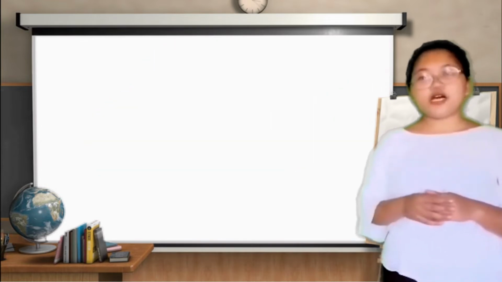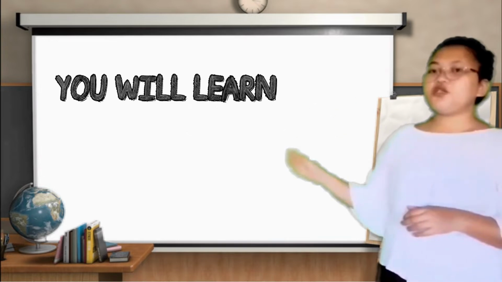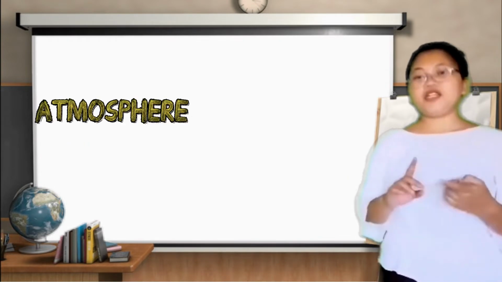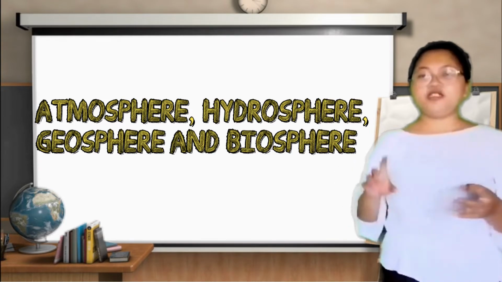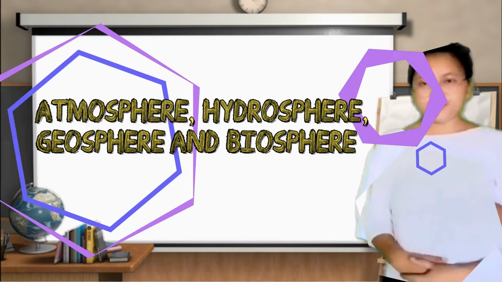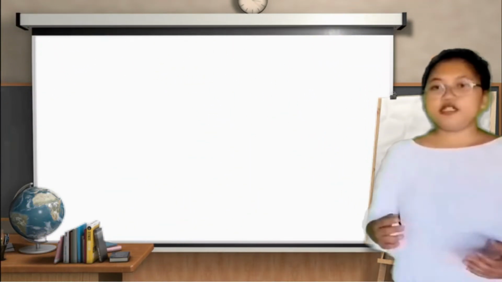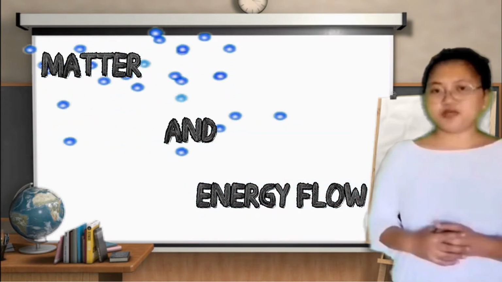In this another lesson, entitled The Subsystems of the Earth, you will learn the 4 subsystems, namely atmosphere, hydrosphere, geosphere, and biosphere. You will also discover through this lesson that matter and energy flow in these 4 subsystems.